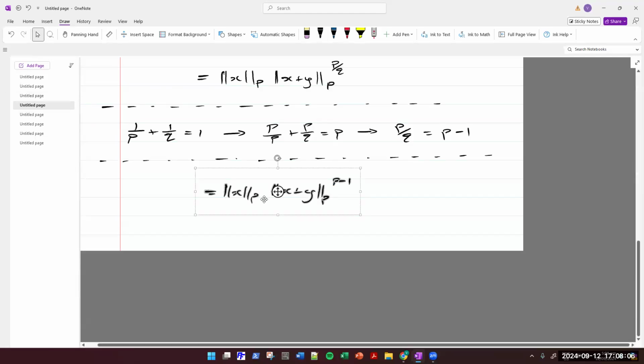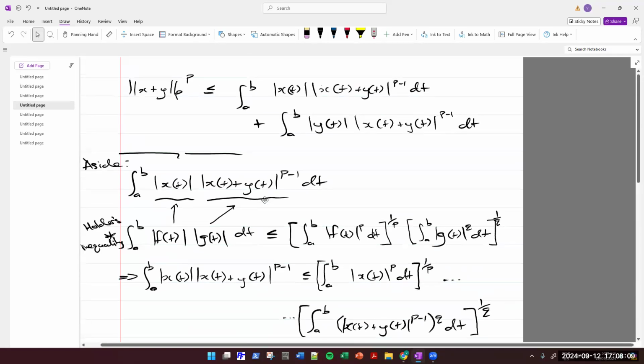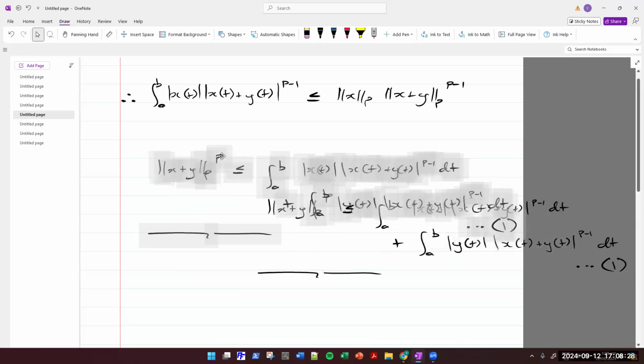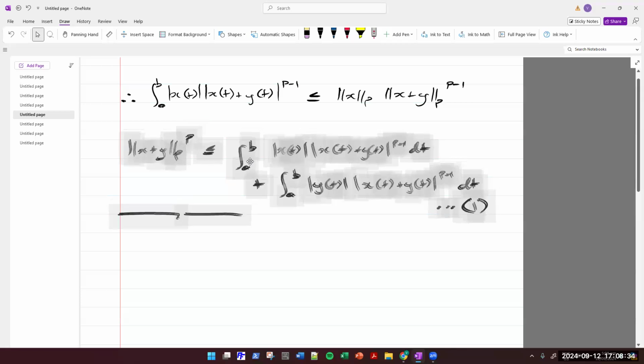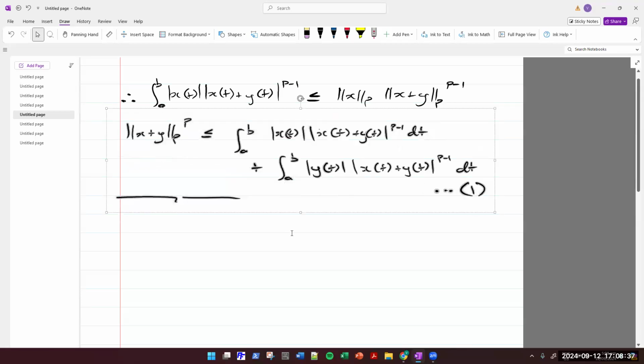And maybe I should number these equations. Let's call this guy 1. So what we just did was we have a substitution for that. So now I could draw here.